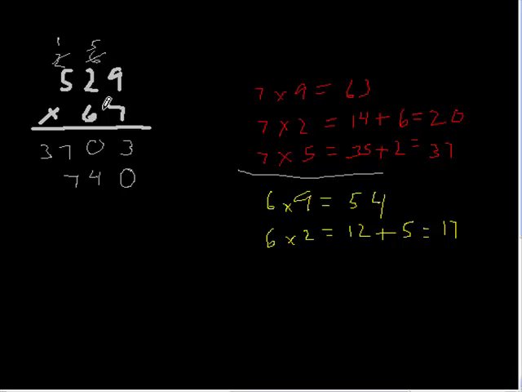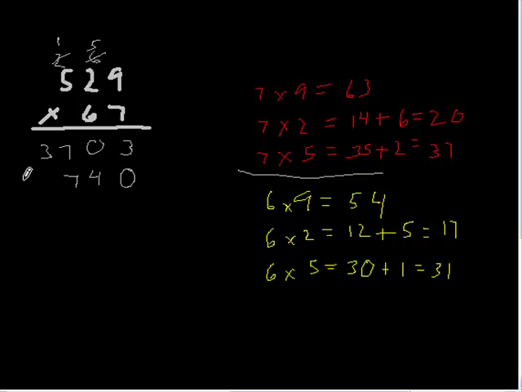And now I'm going to multiply 5 and 6 together. 6 by 5 equals 30. And I'm going to add 1 to that, which equals 31.